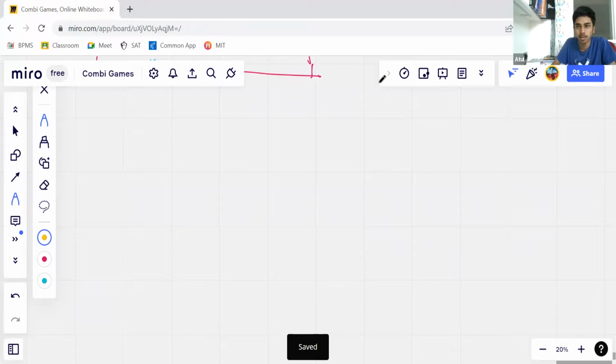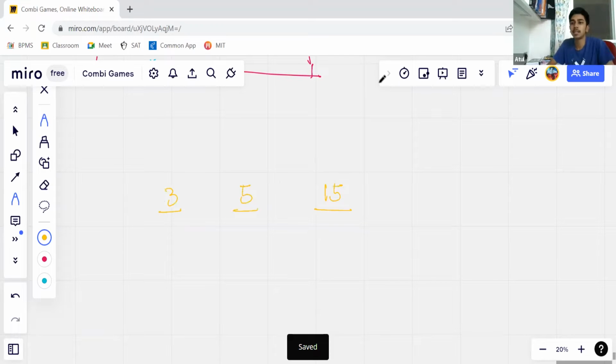suppose you have this game where there are, say, 3 piles. One has 3 stones, one has 5 stones, one has 15 stones. Each time you take some number of stones from some pile, and whoever takes the last stone wins.